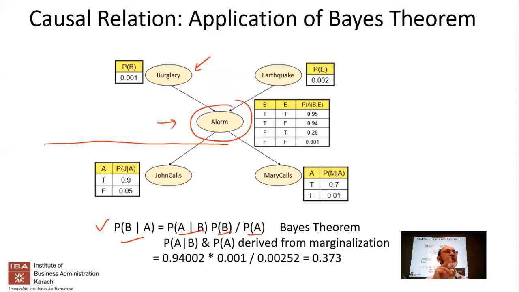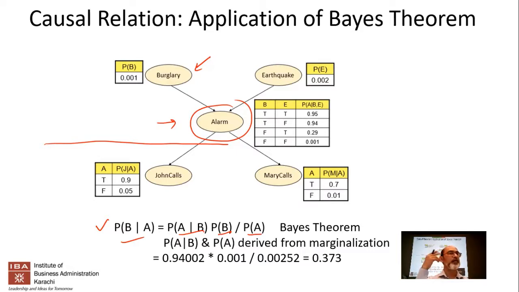So why is it that Mary or John is calling? That's what you're saying. Or in other words, if you get a call from, let's say, John, then what is the probability that he's calling because of an earthquake or because a burglary actually happened?